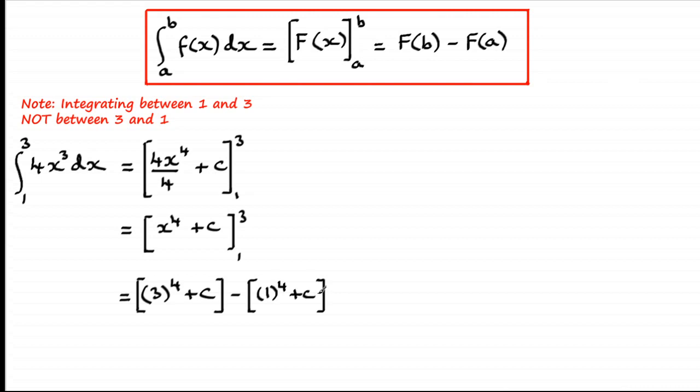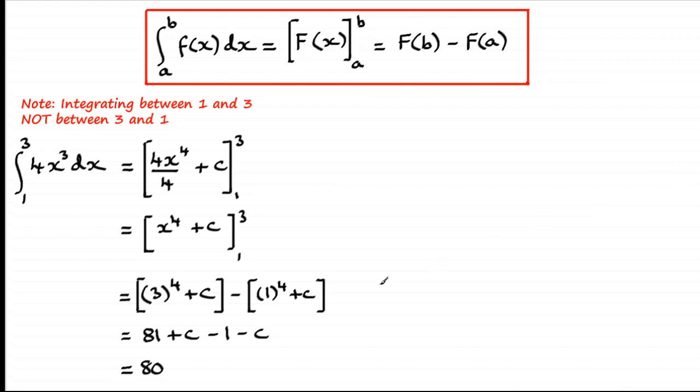And if we now evaluate each of our terms, 3 to the power 4 is 81, plus c, and then I've expanded this bracket, we end up with minus 1 minus c. And can you see that the c's cancel? We're just left with 81 minus 1, and that gives us 80.